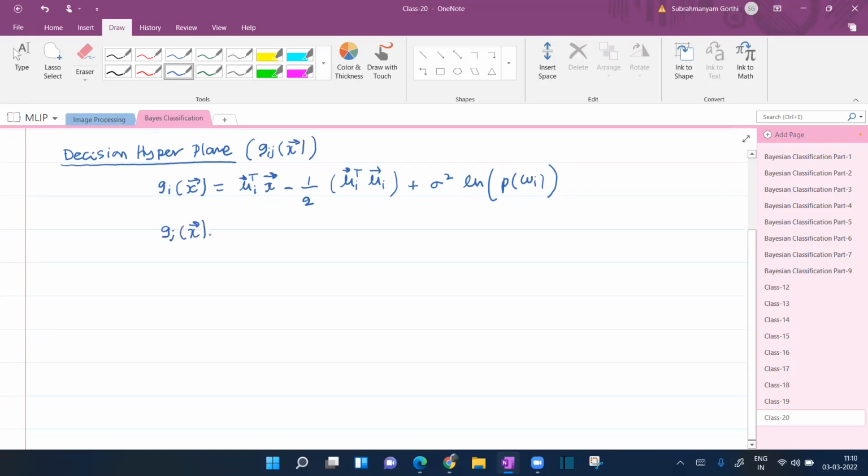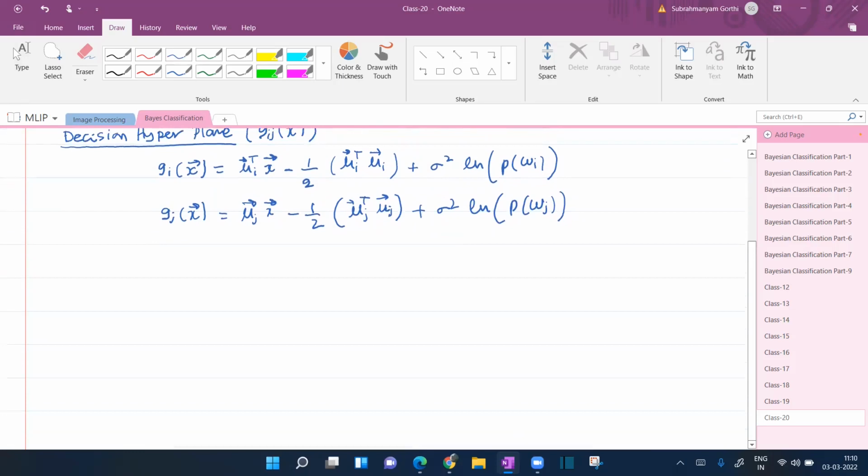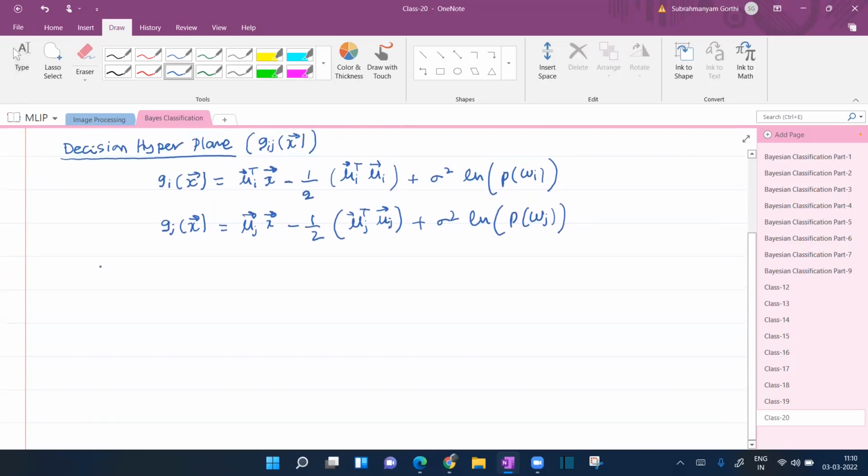So I'm also writing an expression for g j of x bar here, which is mu j bar transpose into x bar minus 1 by 2 into mu j bar transpose into mu j bar plus sigma square into natural logarithm of probability of omega j.